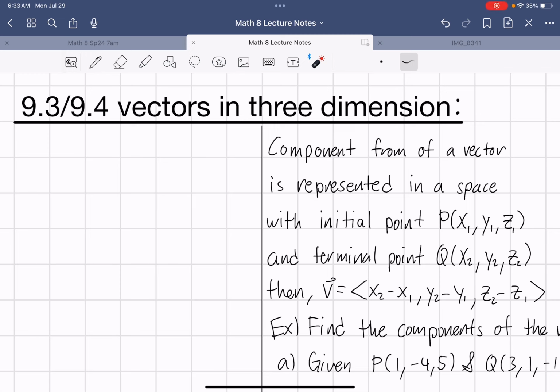All that we're going to add is that additional coordinate. Because we have the x, y, and now we'll have that z component. And for dot product, scalar multiplication, adding and subtracting, it's just that one extra term that we have to look out for. But we'll do that in the next video.